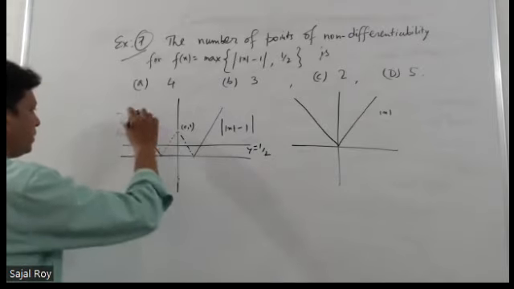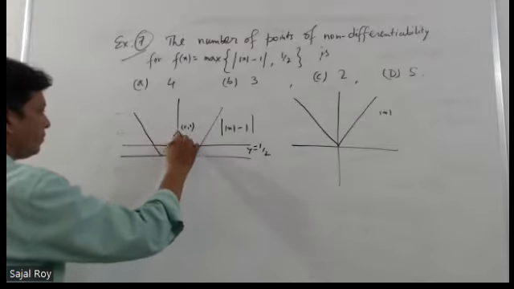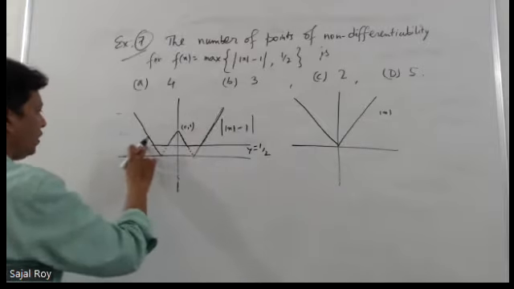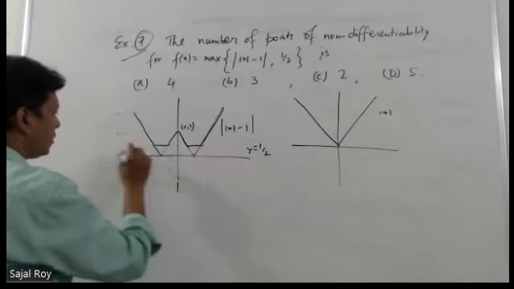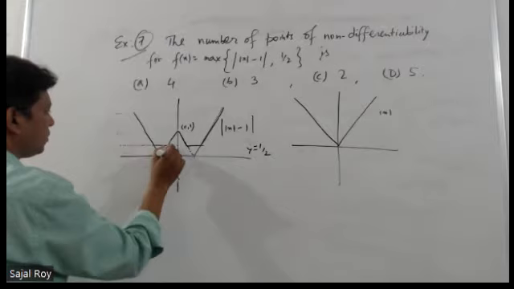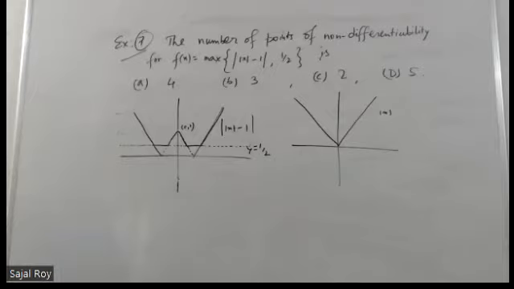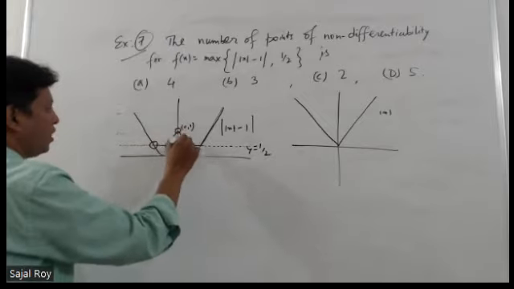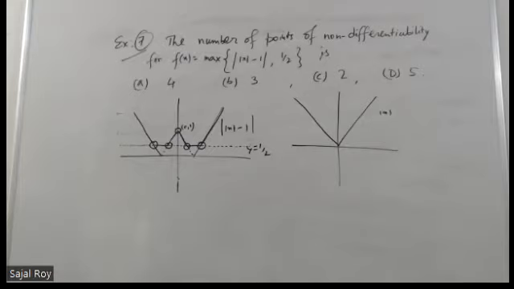So max will be this bold portion. So you have sharp corner points: 1, 2, 3, 4, 5. Five corner points where it is non-differentiable. So option D.